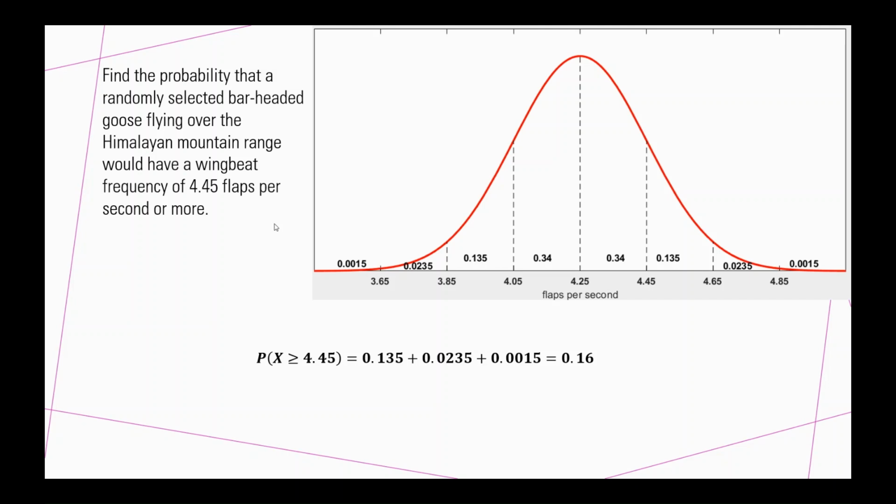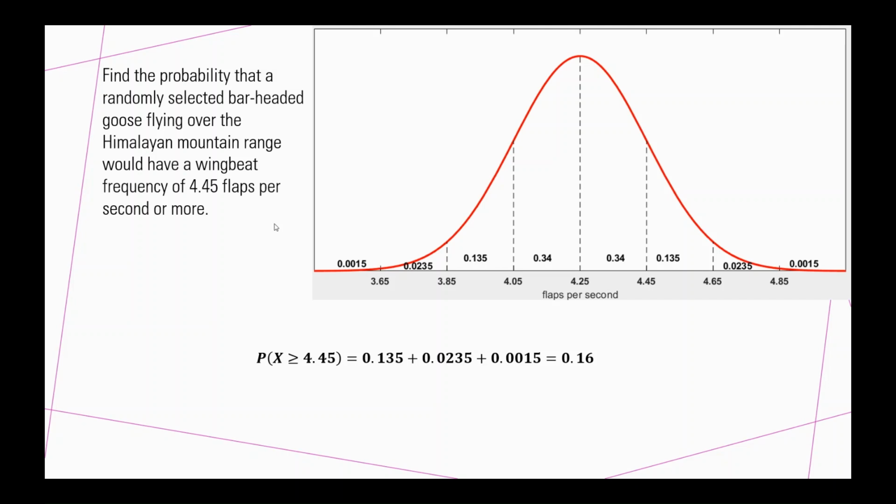And now instead what we might say is the probability that a randomly selected bar-headed goose flying over the Himalayan mountain range would have a wing beat frequency of 4.45 flaps per second or more is 0.16. Right. So that actually does wrap up this part here of kind of distinguishing discrete probability models versus continuous.